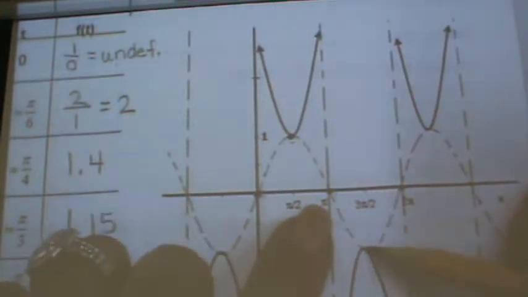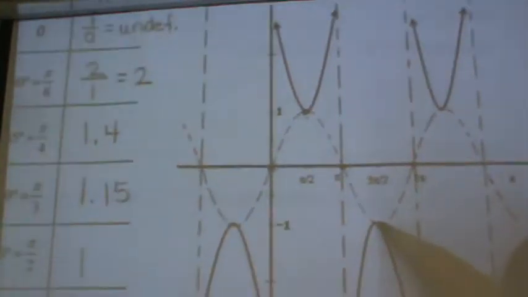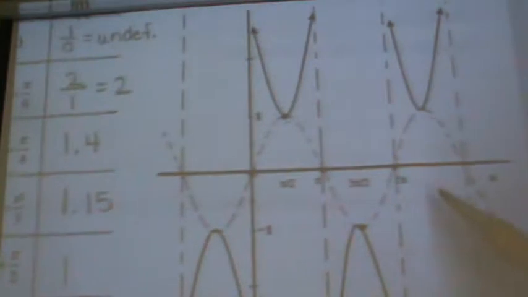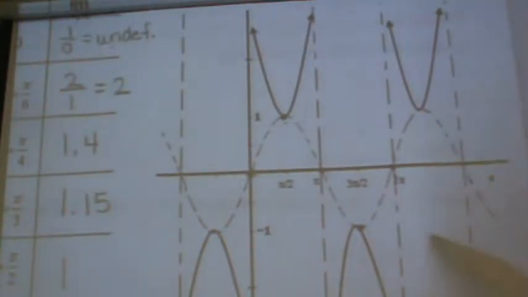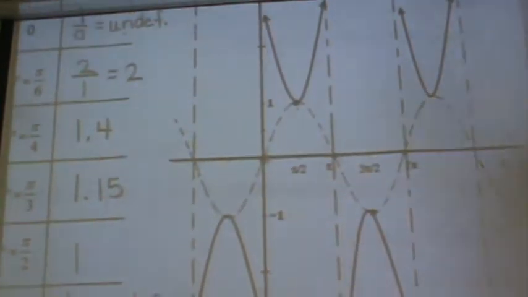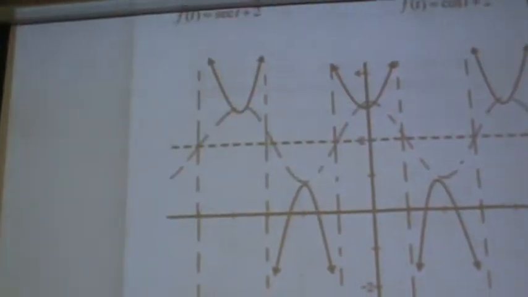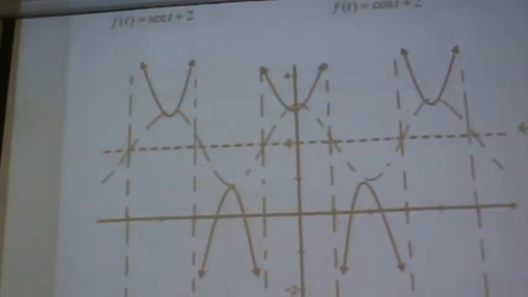This point on the sine curve is now going to be this point and this point and so forth. So what you now have is not the answer. This is going to help guide you to get the answer to the cosecant graph. Likewise, if you flipped it over, right here.